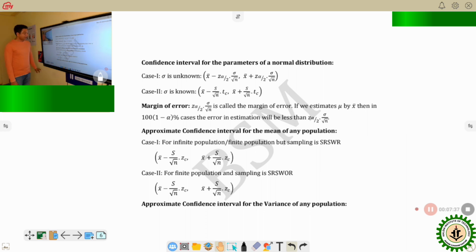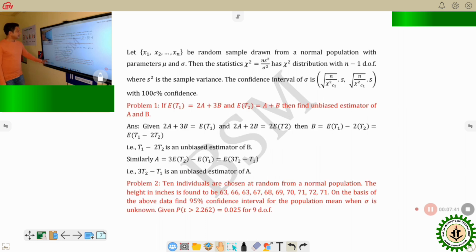Approximate confidence interval for the variance of any population: as you know, chi-square equals n s square by sigma square. Remember this formula. The same formula will be used for any chi-square distribution in statistics.